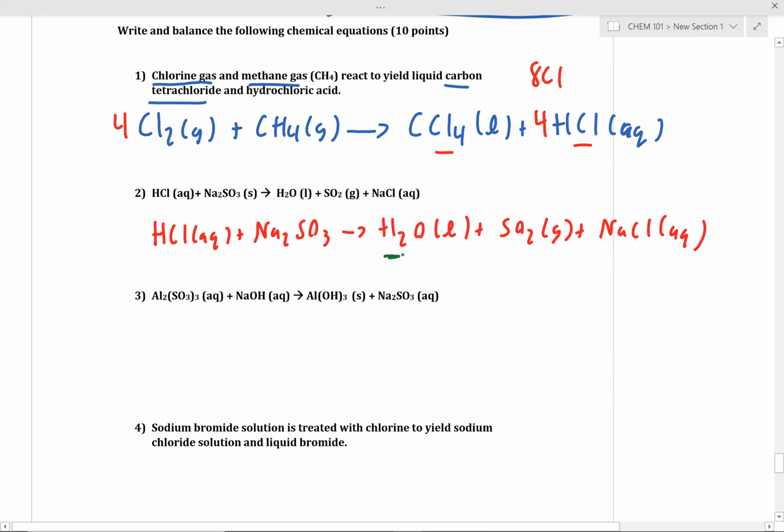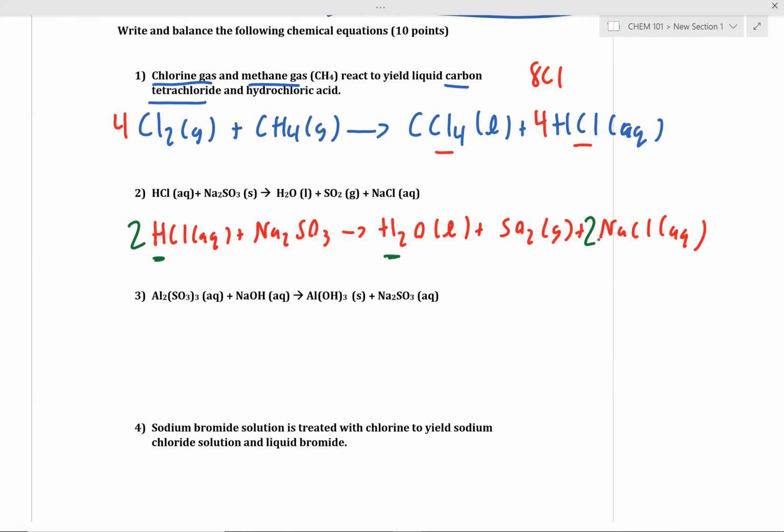Hydrogen, right? So on the right hand side, we have how many hydrogens? 2. So how many do you need on the left? 2. We now have how many chlorines on the left? 2. So how many chlorines do we need on the right? 2. That's it. It's only just 2 coefficients.